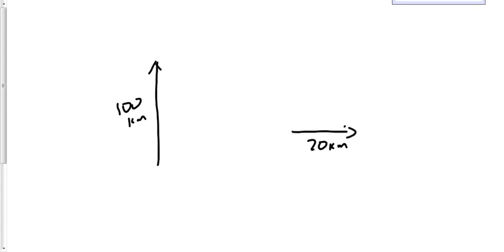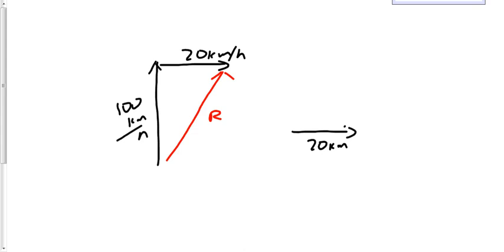In that case, we'd say 100 kilometers per hour to the north plus 20 kilometers per hour to the east gives me a velocity relative to the ground of R. We were adding displacement vectors together. Well, we can also do that with velocity, right? Exactly the same thing. And we know how to add these vectors together now, so we're able to solve these relative motion problems.